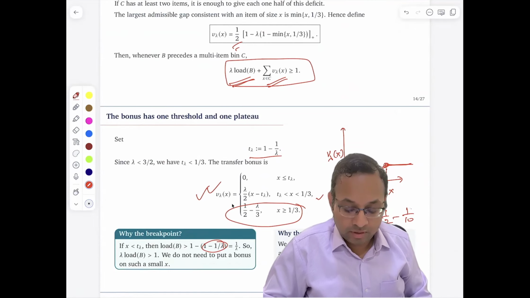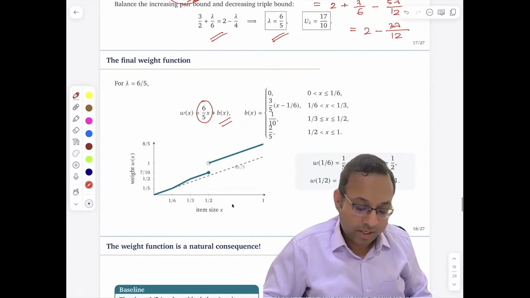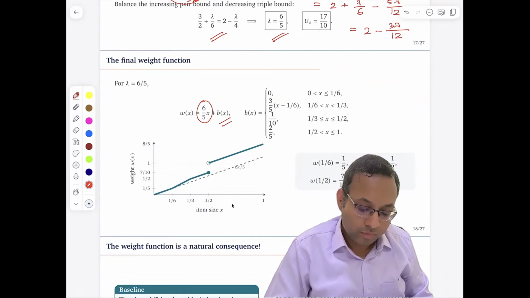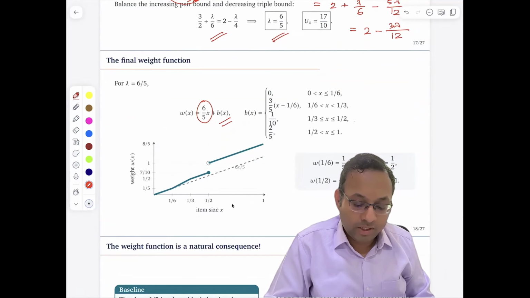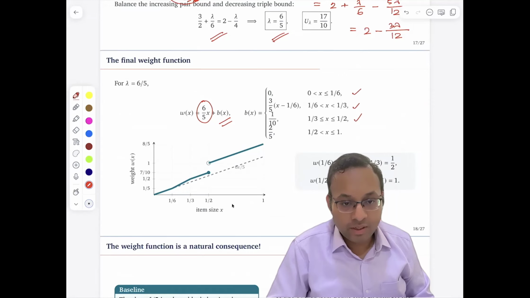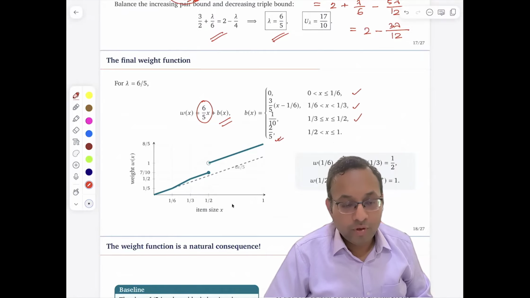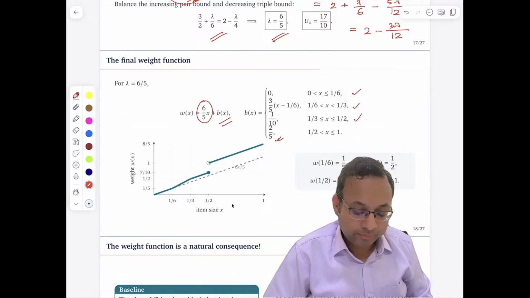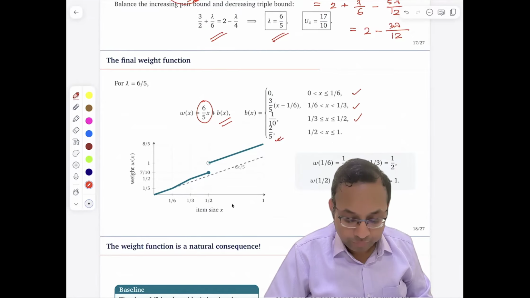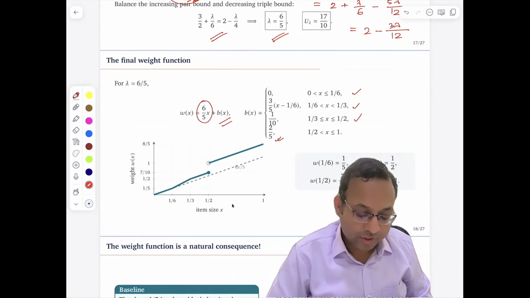No, 6, yeah, 2 by 5. So that's what we are getting here. If we just plug in those values of lambda and t lambda, this is the exact function we get. And this 2/5 was the extra value we put for the singleton items, the large items. So this function will look like this.